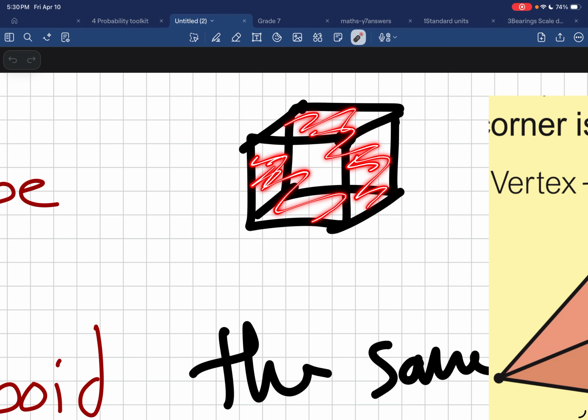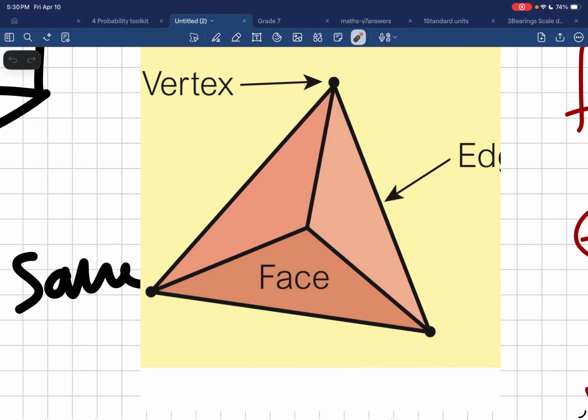So these are faces, as you can see, guys. The really important parts of any 3D solid. And we have here, for example, another shape, which is a triangular-based prism. It has a triangle in its base. And as you can see, guys, it's really important to know the faces, edges, and vertices of that shape.